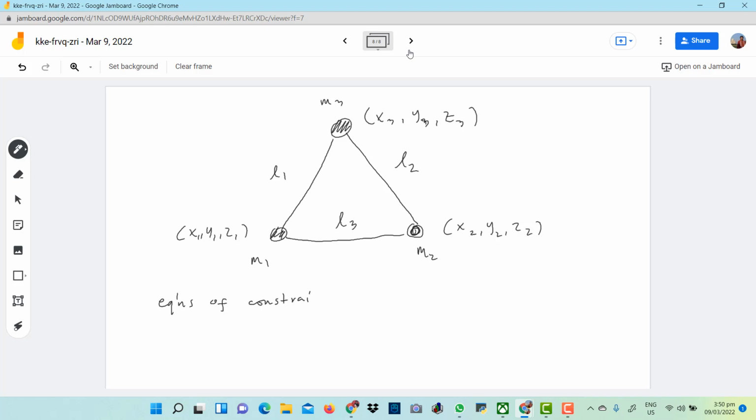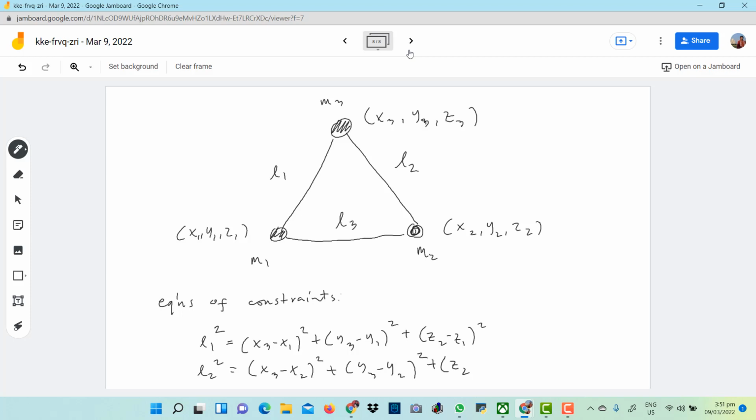Three of them. L1 squared equals (x3 minus x1) squared plus (y3 minus y1) squared plus (z3 minus z1) squared. Then L2 squared equals (x3 minus x2) squared plus (y3 minus y2) squared plus (z3 minus z2) squared.